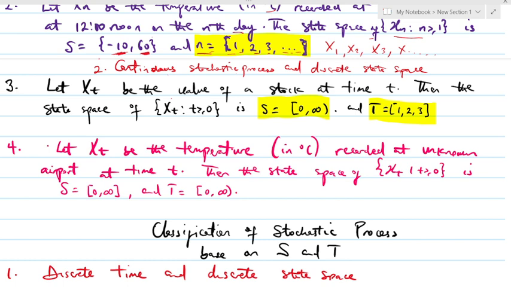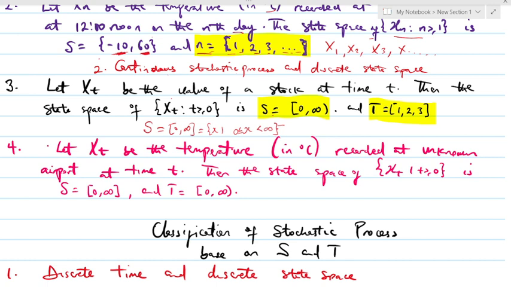So if we look at our state space, if we want to write this, 0 to infinity is equal to x, such that x is greater than or equal to 0, because this is a closed bound and this is an open bound, less than infinity. So we can see that this state space is not discrete, rather it is continuous.